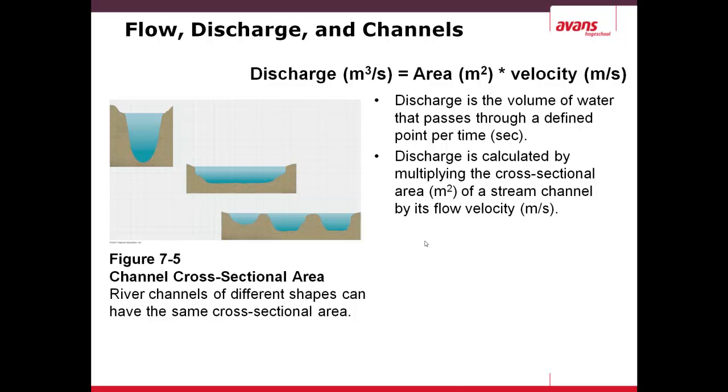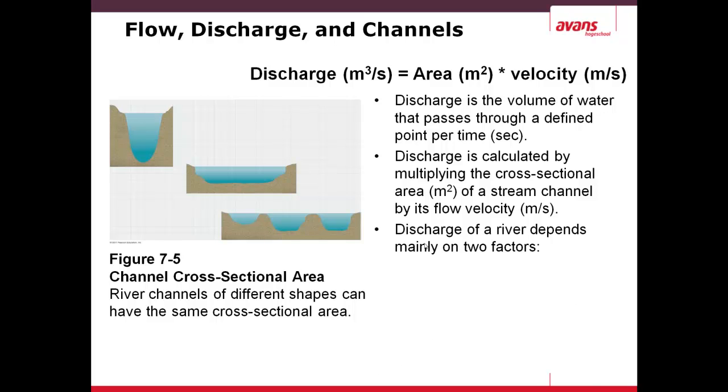Discharge is calculated by multiplying the cross-sectional area in square meters of a stream channel by its flow velocity in meters per second. And as you see here on the left-hand side, the cross-sections of three different rivers, while the rivers have a different cross-section shape, can be the same size. So in the case of these three rivers, they all have the same cross-section.